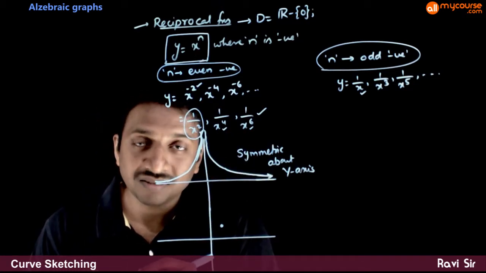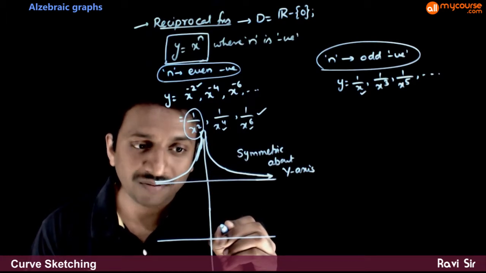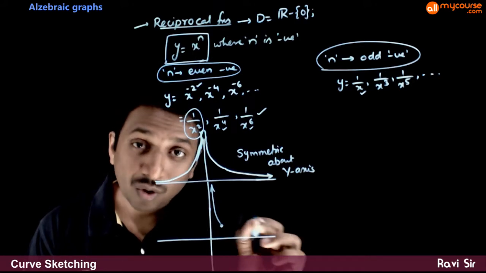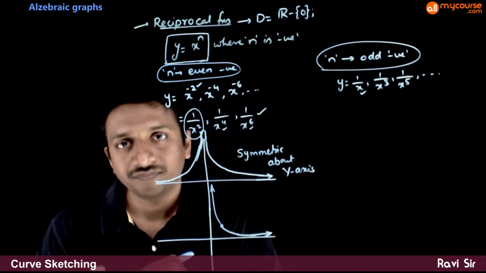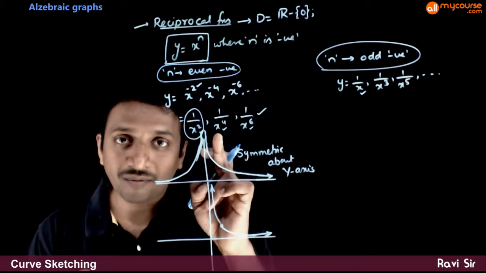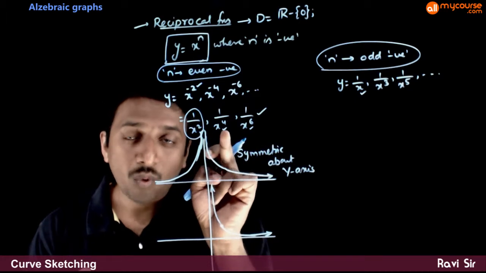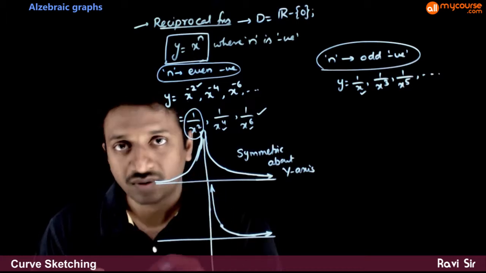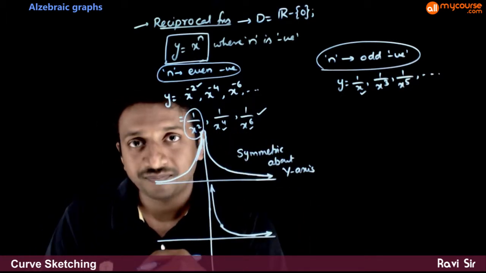So what is the difference? 1 by x power 4 goes to infinity faster and goes to 0 also faster. So y is equal to 1 by x square and y is equal to 1 by x power 4. 1 by x power 4 goes to 0 faster than 1 by x square.